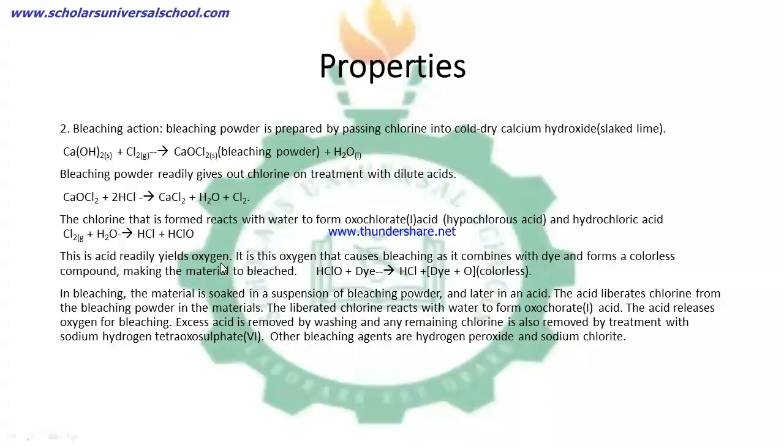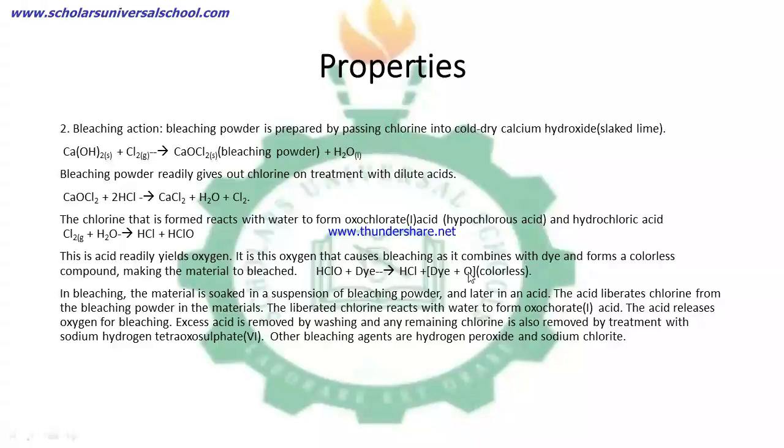The chloric(I) acid readily decomposes to give oxygen and hydrochloric acid. The oxygen produced is the one that causes the bleaching. This is what we have here: the hypochlorous acid plus dye, that means the cloth or the material you want to bleach. The acid readily decomposes to form hydrochloric acid and oxygen.